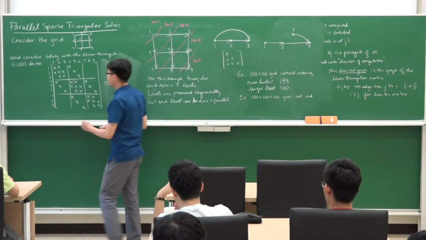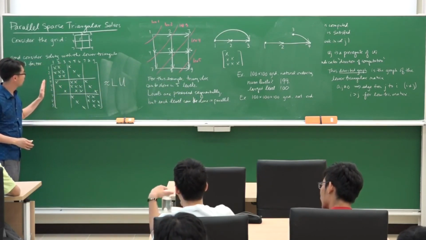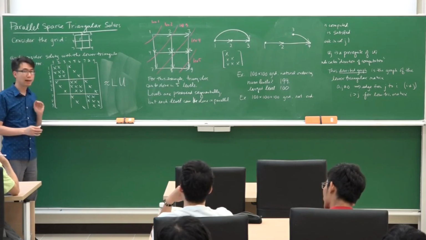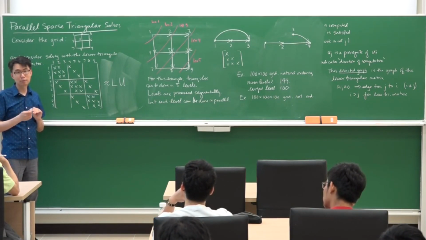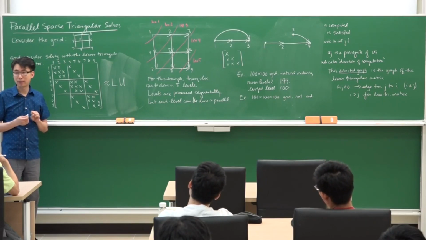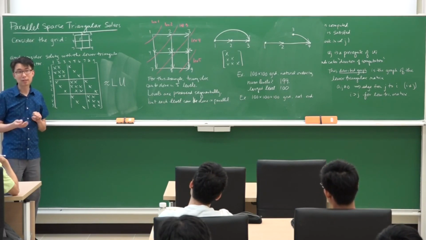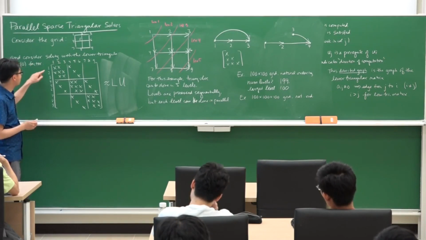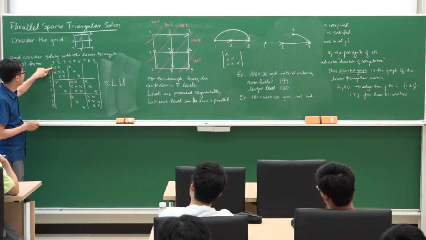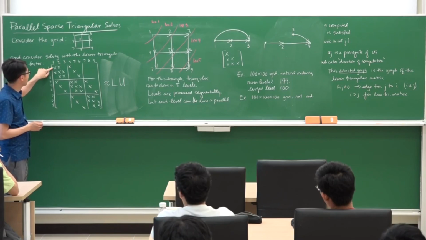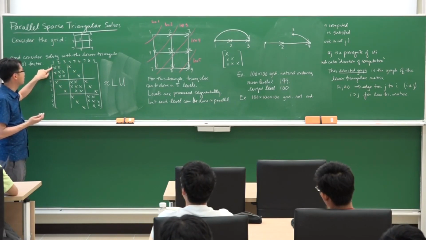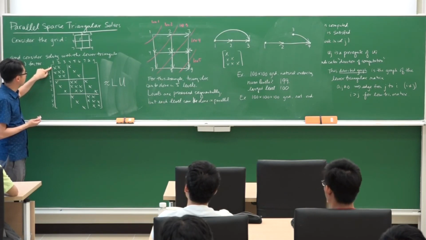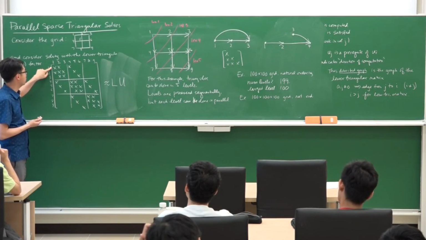We can proceed one row or one column at a time. Let's say we proceed a row at a time. There are some rows that can be done at the same time, just like before. So in the first step, we factor the first row. We have to start somewhere, so we start with the first row.